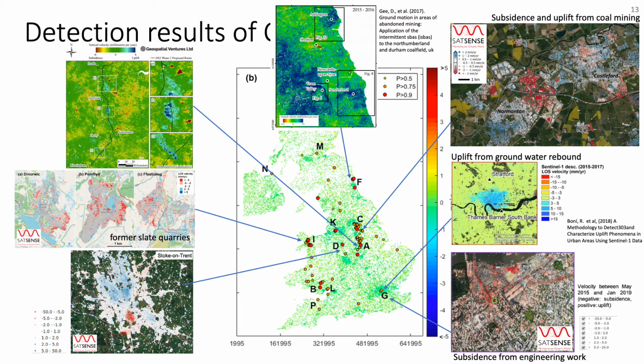In the northwest of Wales at area I, the method detects subsidence from some form of slate quarry. And area G shows uplift from groundwater rebound after the construction of the Crossrail finished.